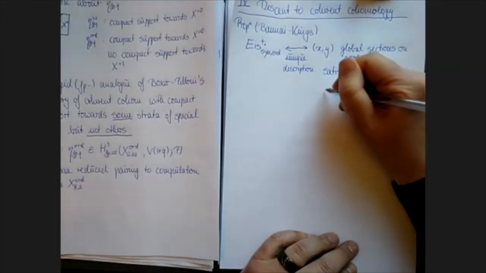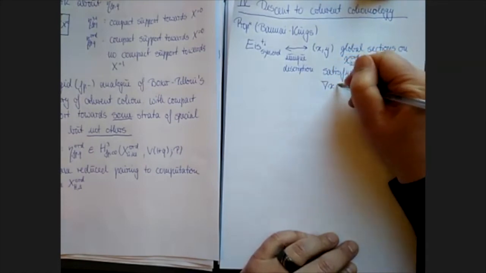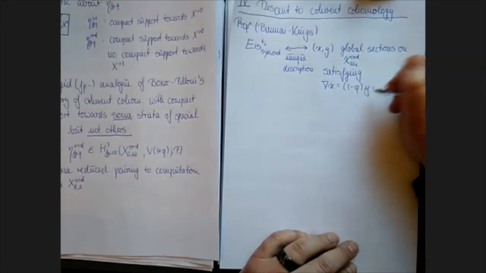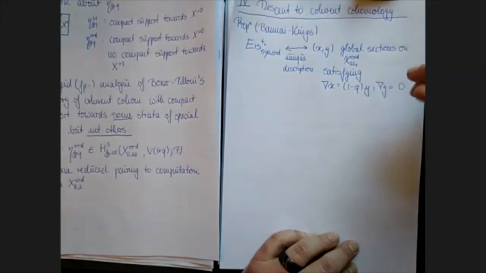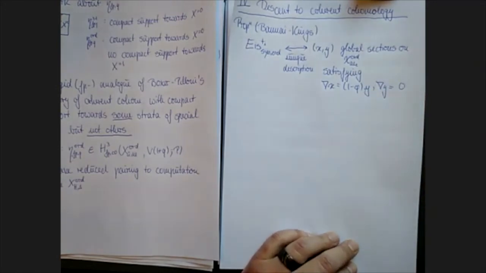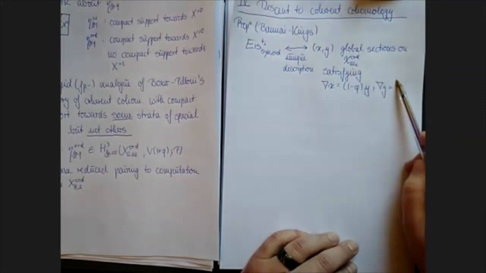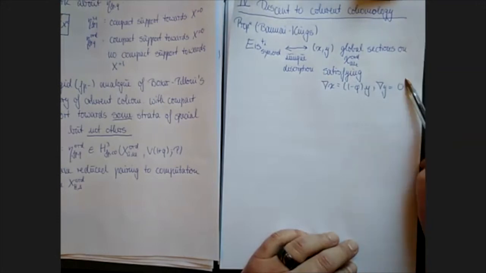They satisfy that nabla of x is equal to 1 minus phi of y, and nabla of y is equal to 0. And if you know about syntomic cohomology, then these relations are precisely the analog of the relations which turn up in the definition of the syntomic complex.